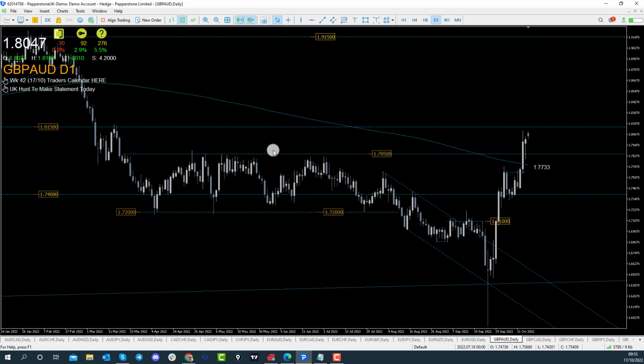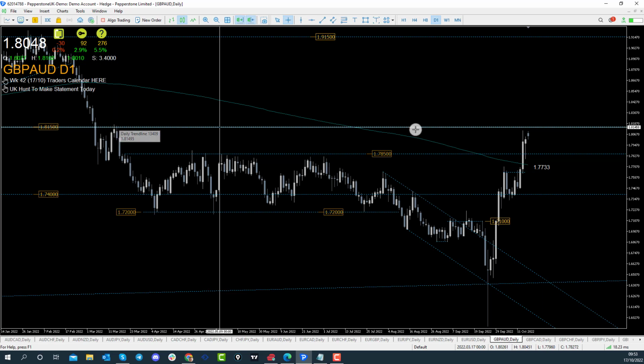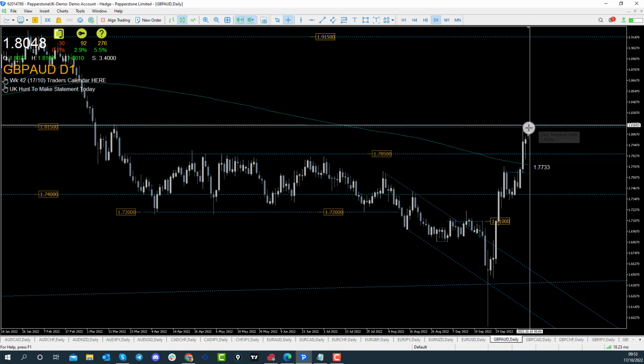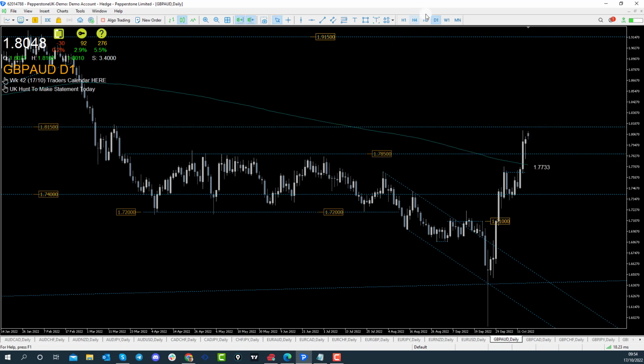The next area of resistance is just slightly above, at 1.8150, which is this previous swing high over here. So price could potentially be on its way to that area from a lower time frame perspective.